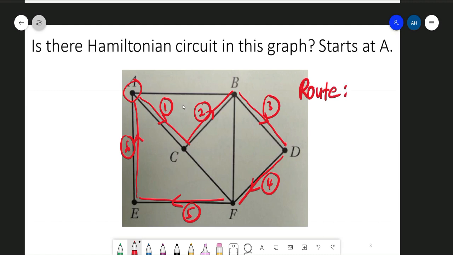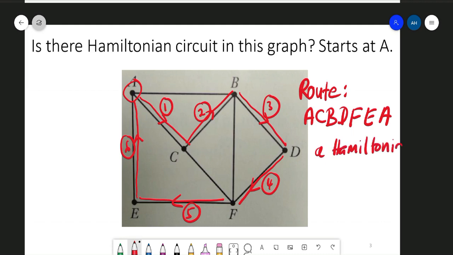What is the route? That is A, and then I go to C, then I go to B, then I go to D, then we go from D to F, from F we go to E, and then we go back to our original vertex, that is A. Okay, we call it route A, C, B, D, F, E, A, and this route is a Hamiltonian circuit.